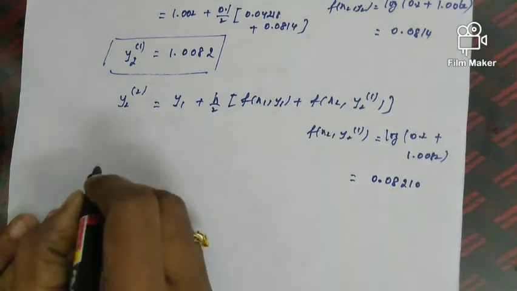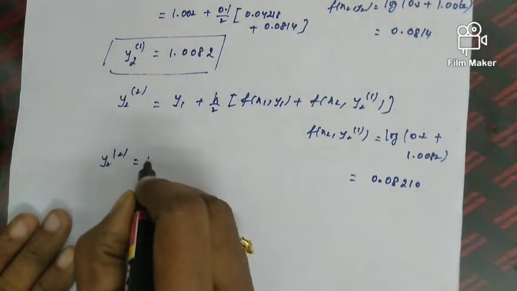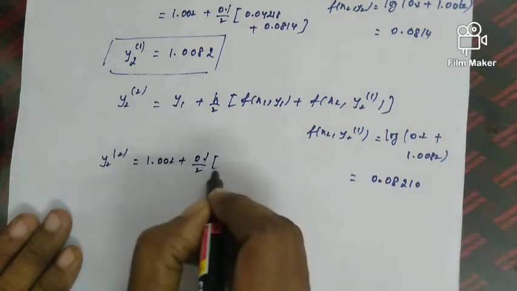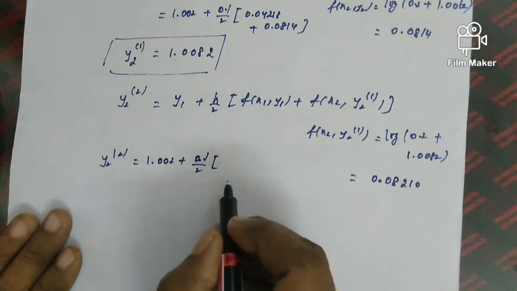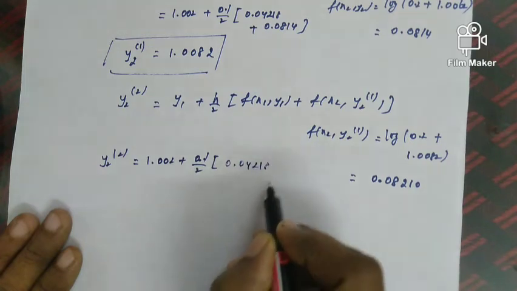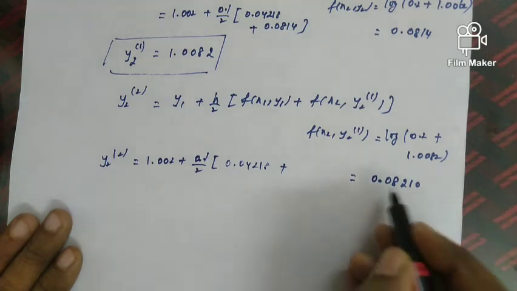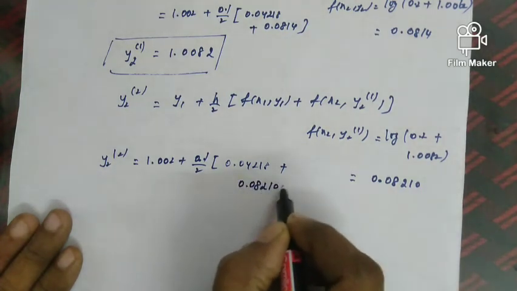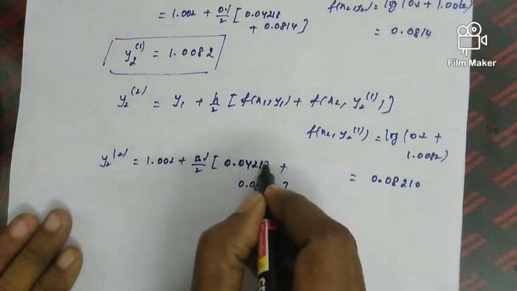y2 of 2 equals y1, which is 1.002, h is 0.1 by 2, and then f of x1, y1 is 0.04218, plus f of x2, y2 of 1, which is 0.08210.